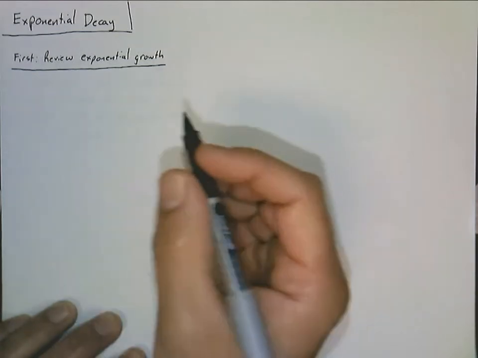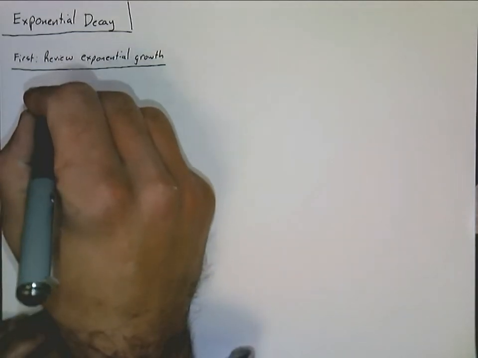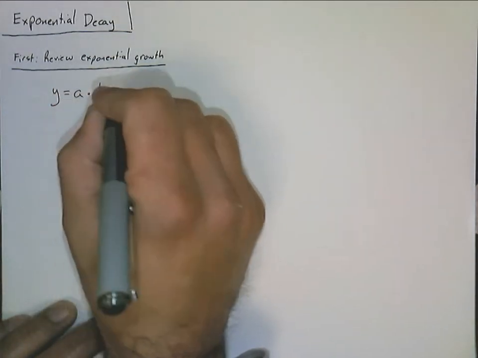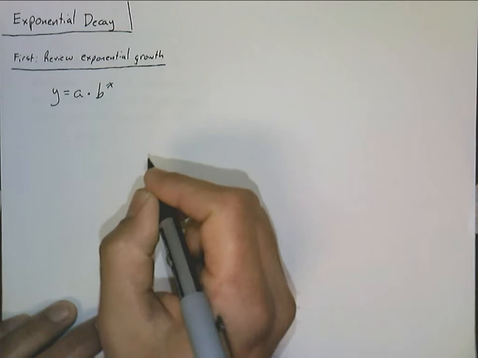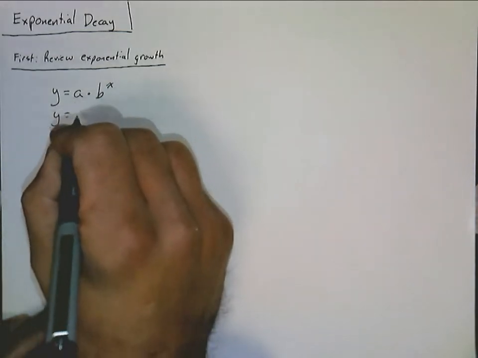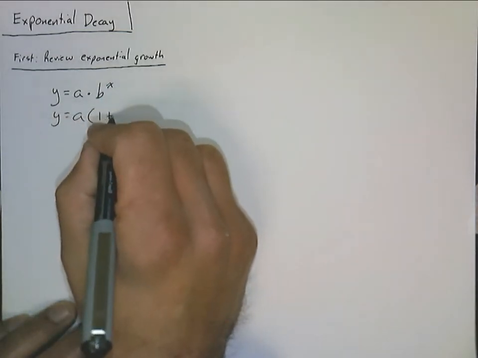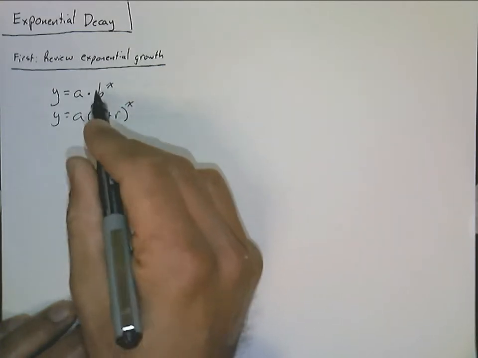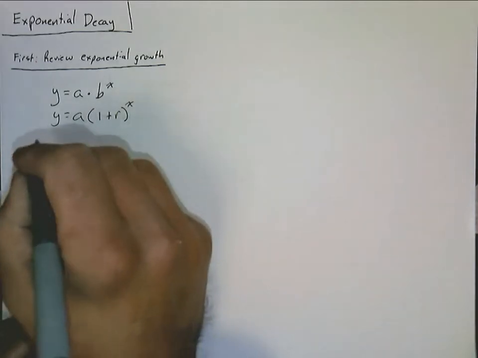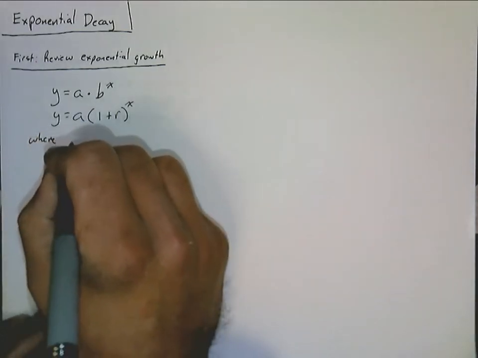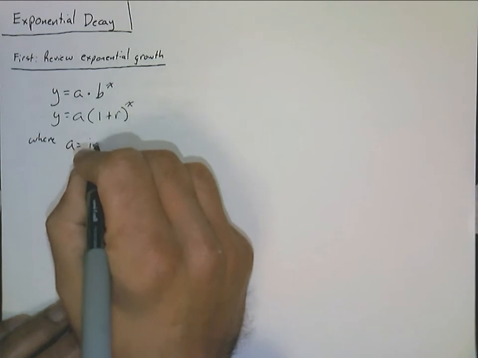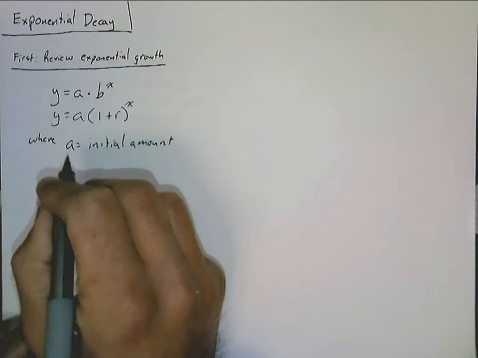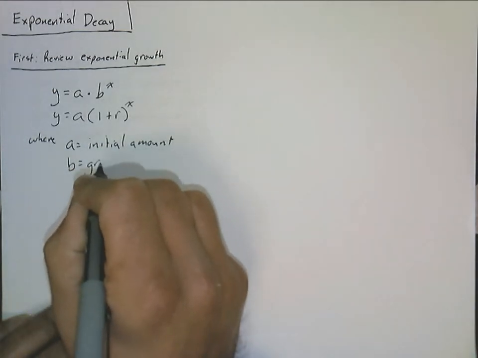growth. So the basic model for exponential growth is, of course, y is equal to a times b to the power of x, or y is equal to a times 1 plus r to the power of x, where b and 1 plus r are the exact same thing, and where a is the initial amount, b is what we call the growth factor.